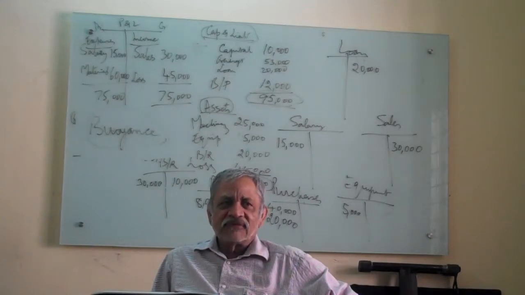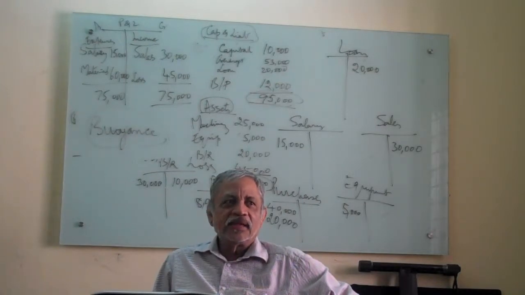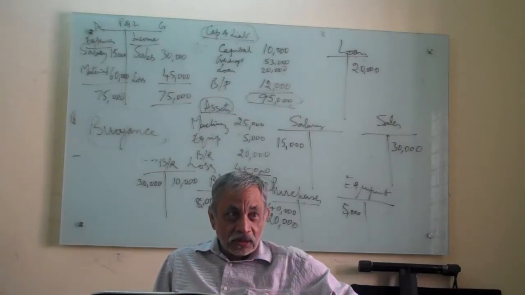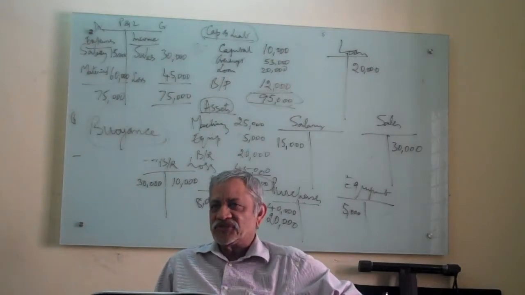One is called error of transposition. If I want to write 5,278 in my great ledger, I type 5,287. That's called error of transposition of digits.